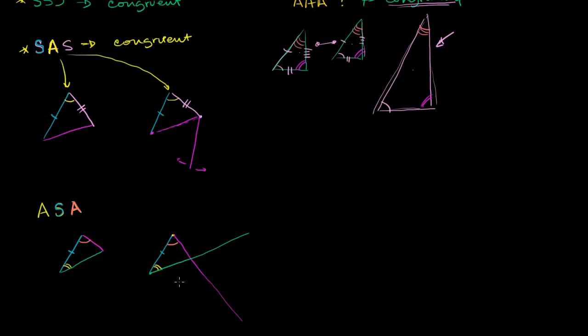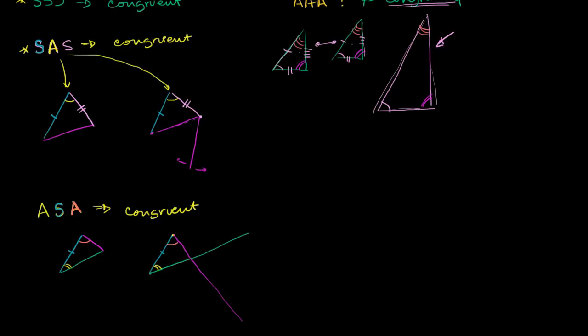Once again, this isn't a proof. I'd call it more of a reasoning through it or an investigation, really just to establish what are reasonable baselines or axioms or assumptions or postulates that we can have. So for my purposes, I think ASA does show us that two triangles are congruent.